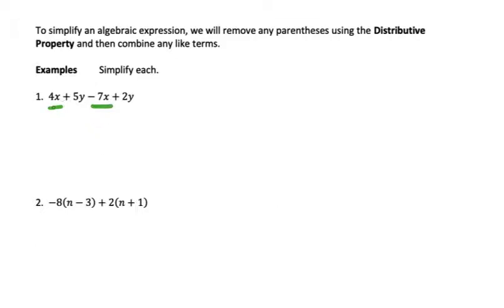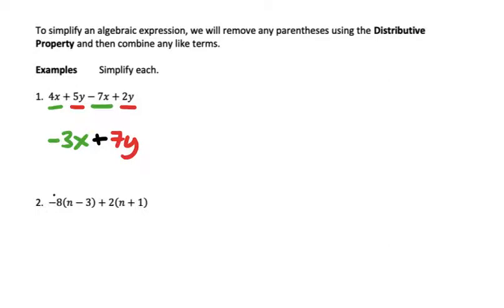So if I have 4x minus 7x, that's a total of 4 minus 7, or negative 3x's. And for y's, I have 5y plus 2y, so that's a total of 7y's. So my answer would be negative 3x plus 7y.